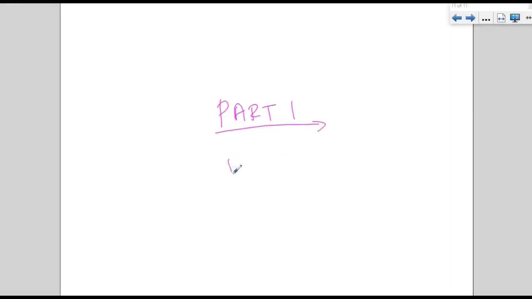The second part, part 2, deals with equations of tangents. Very important, very interesting. This is where the majority of the marks will apply, and then thereafter part 3 would be examples.